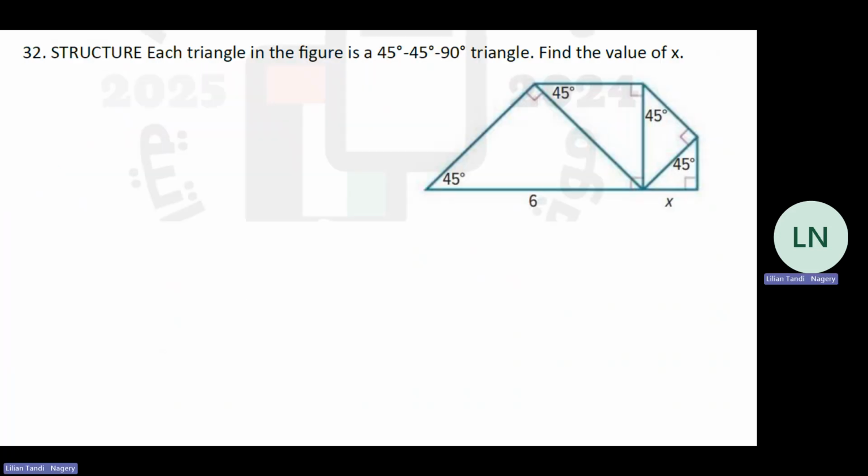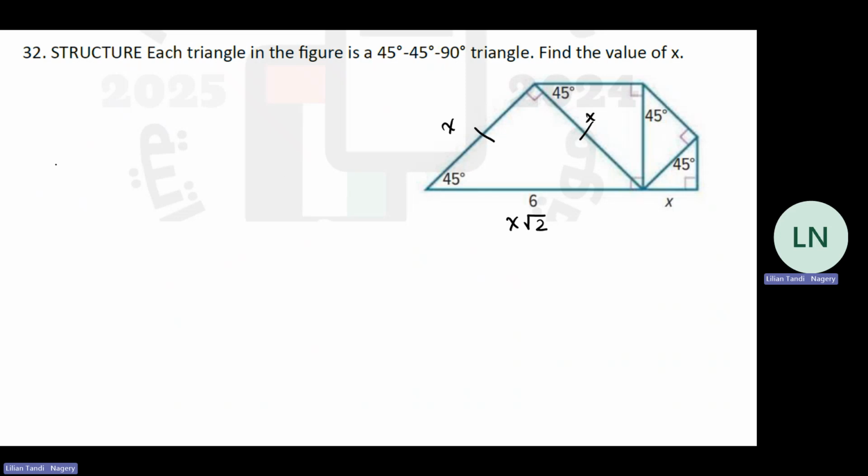Okay? Next. Each triangle in the figure is a 45, 45, 90 triangle. Find the value of x. So we want to find this and this. So we know this is x, and we know this is x, and we know this is x square root 2.